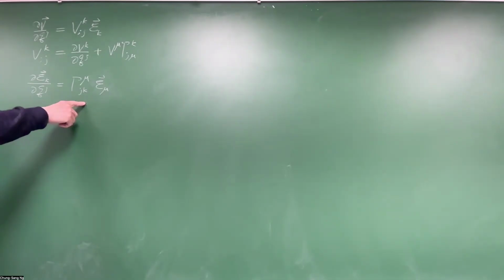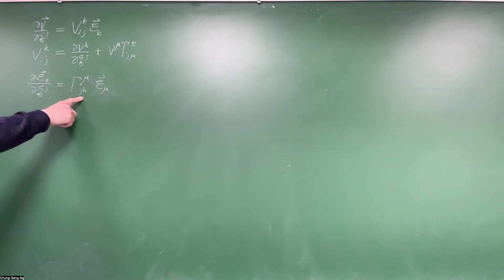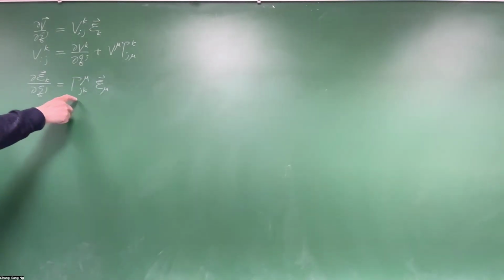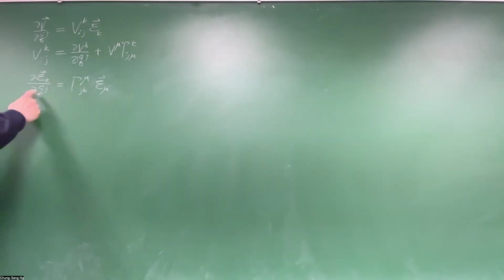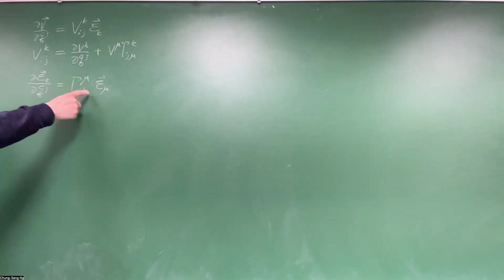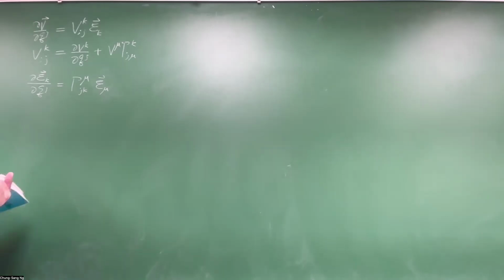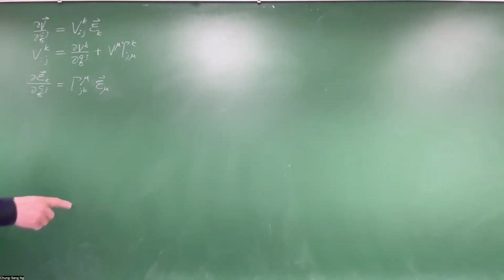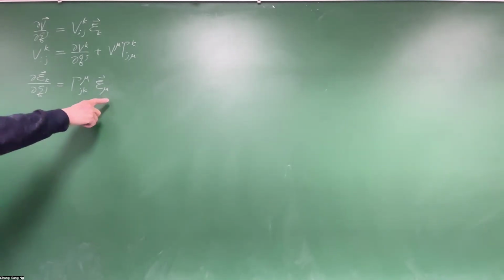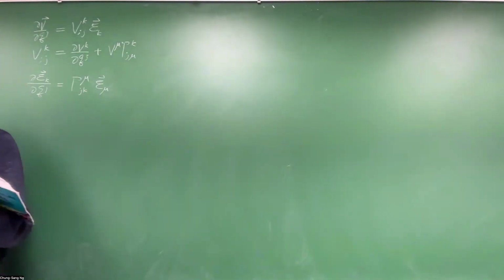Now this is not an explicit equation, I mean it's not this quantity equals something. So we want to basically solve this for the coefficient, and to do that is quite trivial for a usual vector, because this is just a component. We just dot into another basis, and that would give you a Kronecker delta.